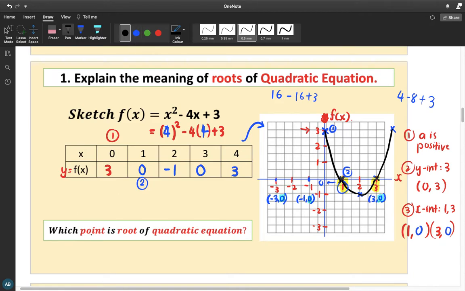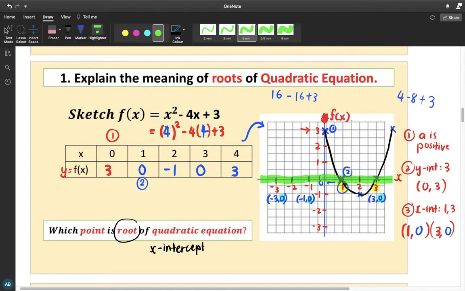So, dia kata, which point is root of quadratic equation? Okay, so root ini maksud dia adalah apabila kita ada x-intercept. X-intercept itu apa? Adalah apabila graf itu menyentuh paksi x. This is our paksi x, okay guys. Macam tu.